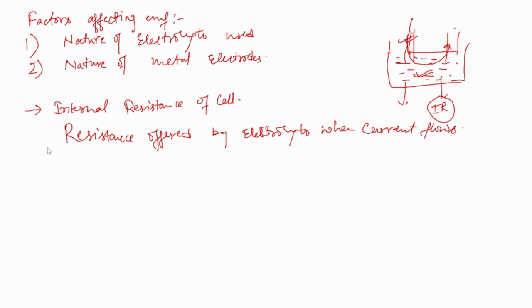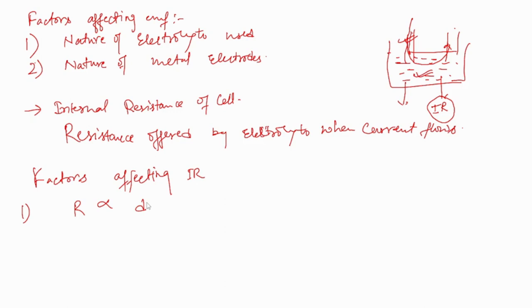Now what will be the factors affecting internal resistance? The first factor is that your internal resistance R is directly proportional to the separation between plates. D is your separation between the plates.